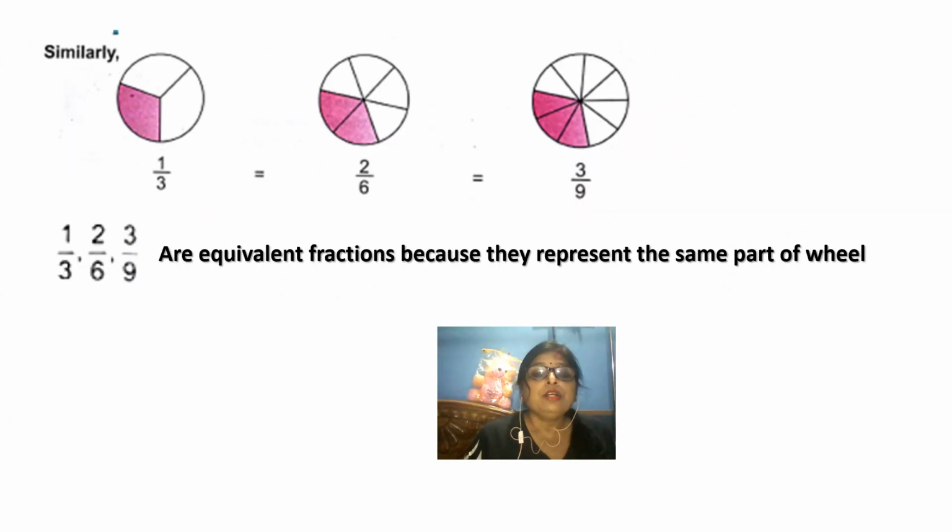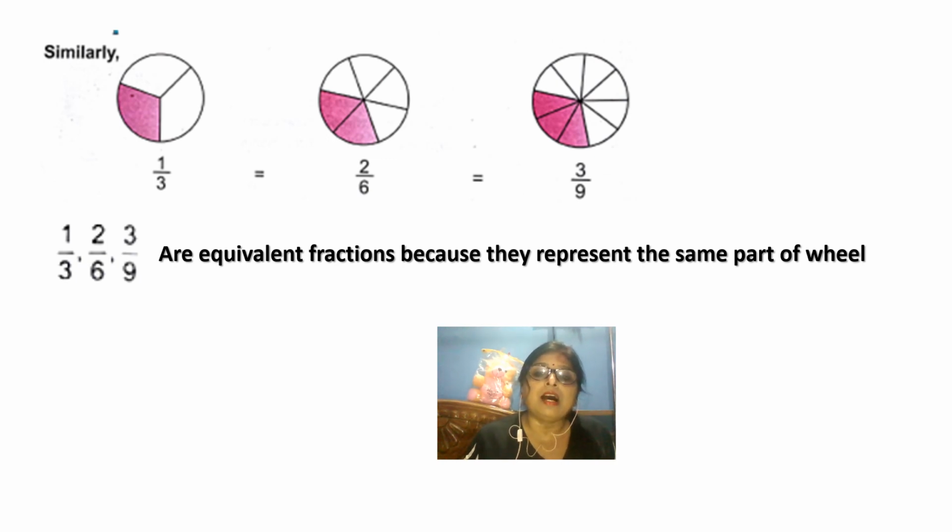Dear students, you can see the equivalent fraction with the help of this figure also. So a circle is given here. The first circle is divided into 3 parts, the second circle is divided into 6 parts and the third circle is divided into 9 parts. In the first circle, only 1 part is shaded and in the second, 2 parts are shaded. The area is the same, only the shaded portion has 2 different parts shaded.